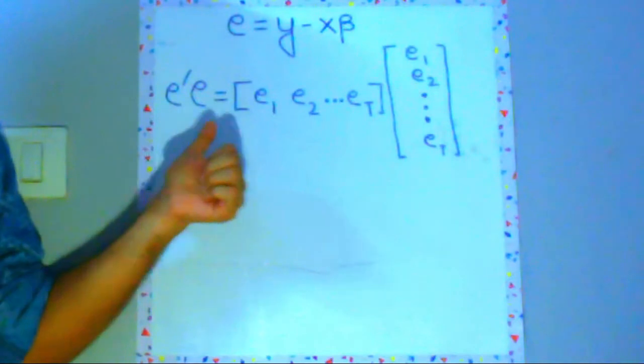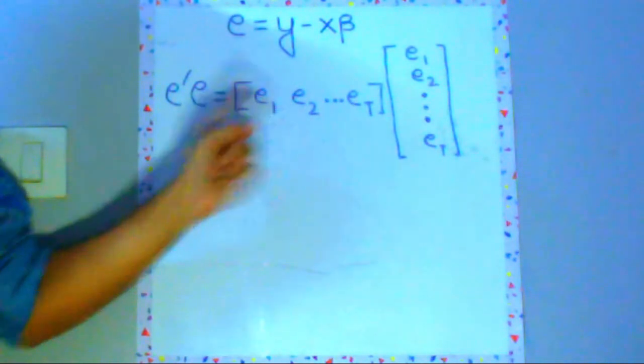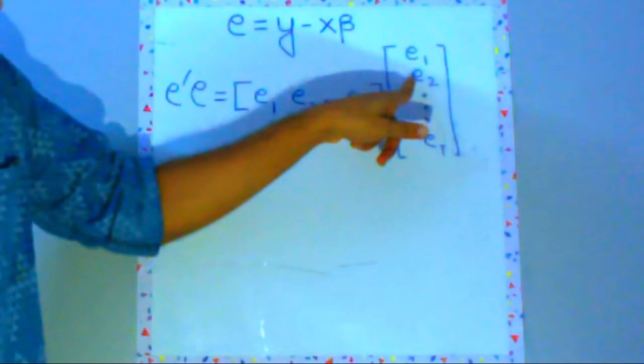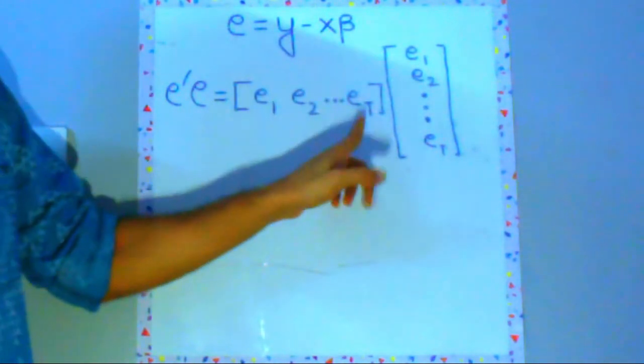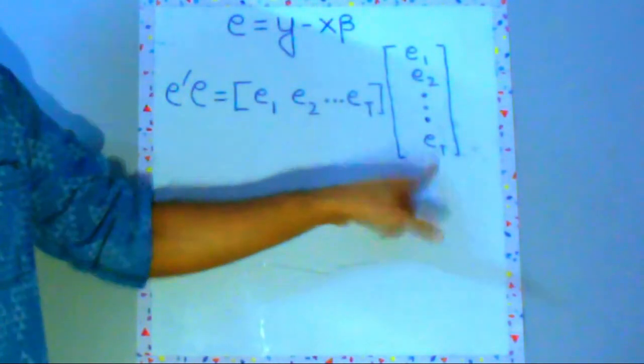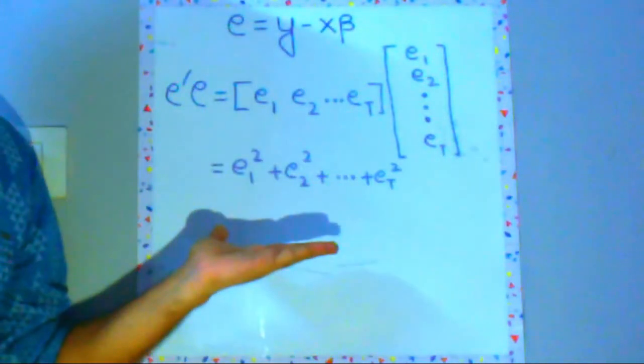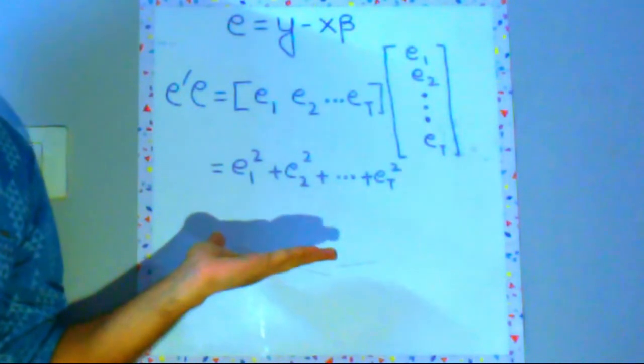E transpose E is equal to E1 times E1 plus E2 times E2 and so on plus ET times ET, because that is how you multiply two matrices, which will give you, lo and behold, the sum of squared errors.